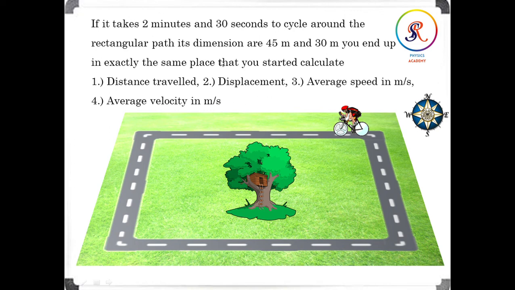Now we are taking an example together. It takes 2 minutes and 30 seconds to cycle around the rectangular path, whose dimensions are given as 45 meters and 30 meters. You end up in exactly the same place that you started, so this is the starting point and this is the ending point. Now we know how to calculate the distance traveled, the displacement, the average speed, and the average velocity.